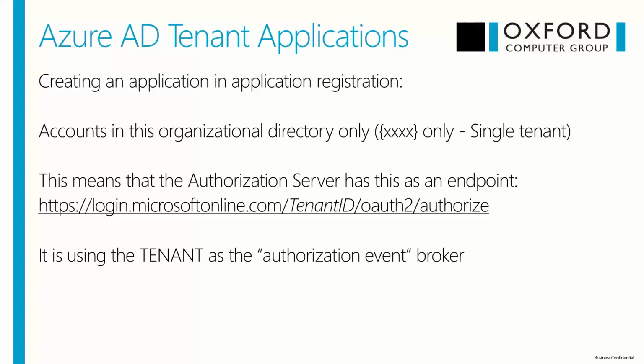When you do use implicit flow, tokens come from this endpoint. Otherwise, you get it from the token endpoint. But anyway, you get what I'm saying, that the address there is the authorization server endpoint. And it's using the tenant as the authorization event broker, meaning that any identity that is defined within your Azure AD tenant will be using this endpoint.